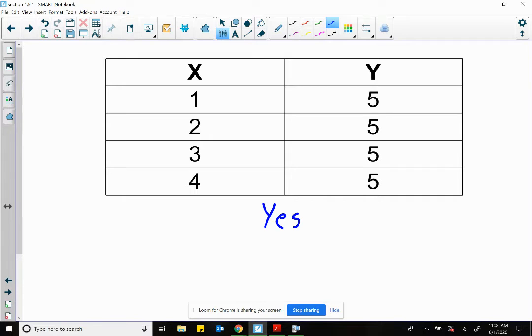But your x's do not cheat. Notice there is a different x here. 1, 2, 3, 4. None of them are repeating. That's a-okay. This is a function, even though all the y values are 5. There isn't anything wrong with that. Y can do whatever it wants. It's the x's you have to pay attention to.